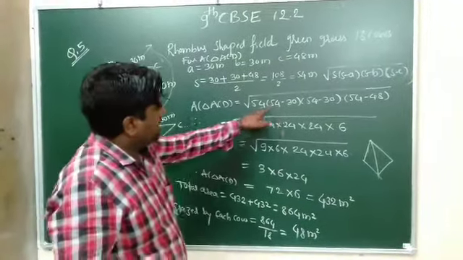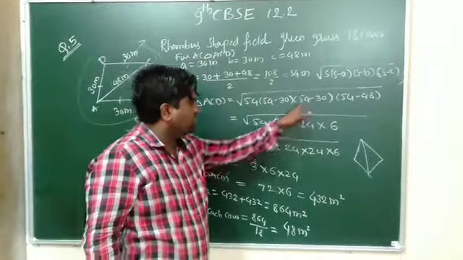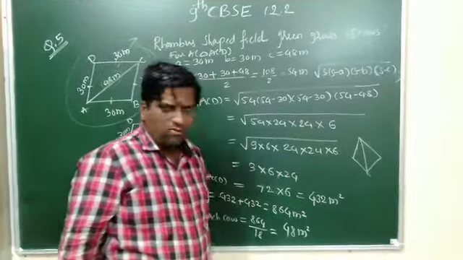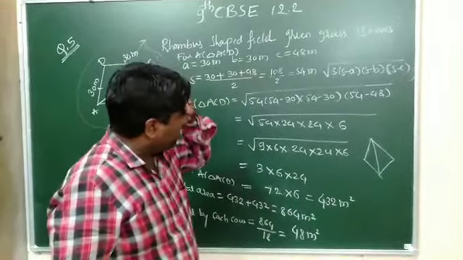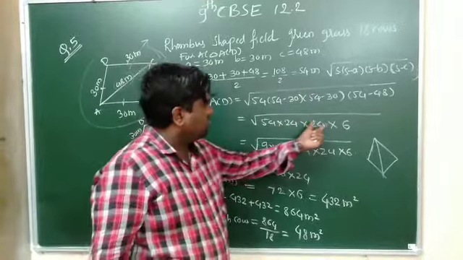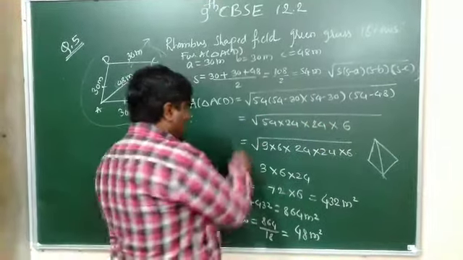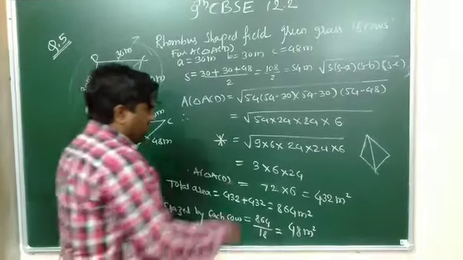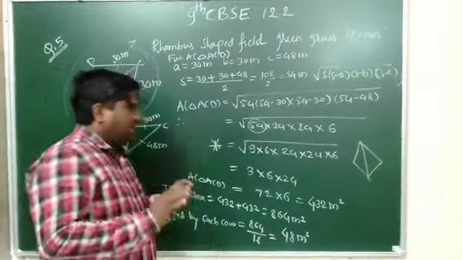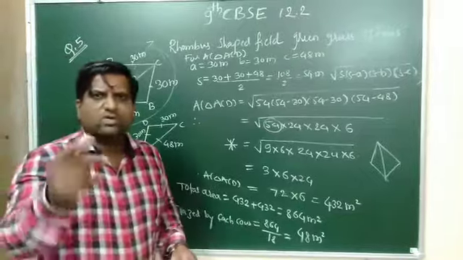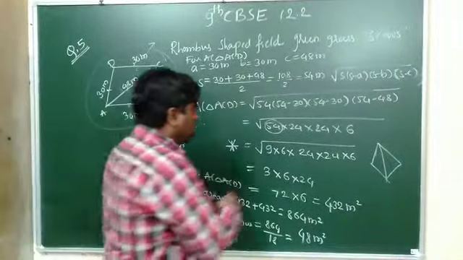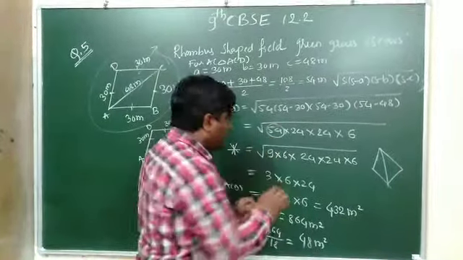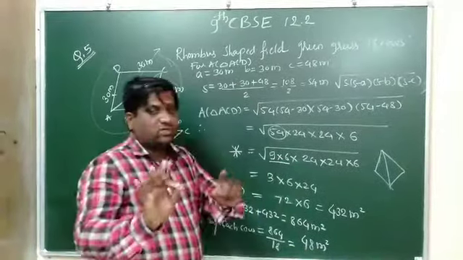So 54 minus 30, 54 minus 30, 54 minus 48. Very simple math: 54 minus 24, 24 into 6. This step is very important. I need a number which has to appear two times. For that I will split 54 as 9 into 6.